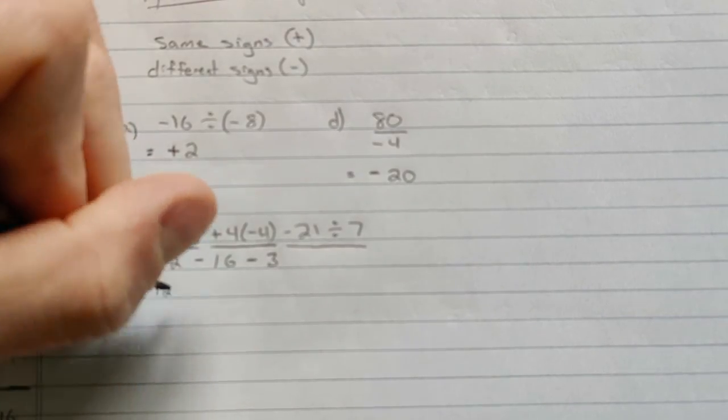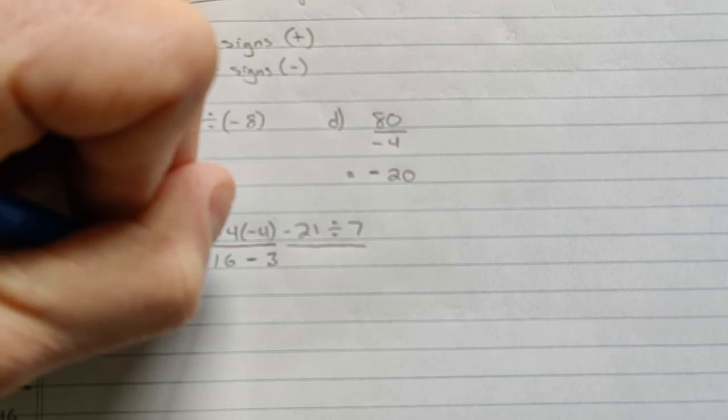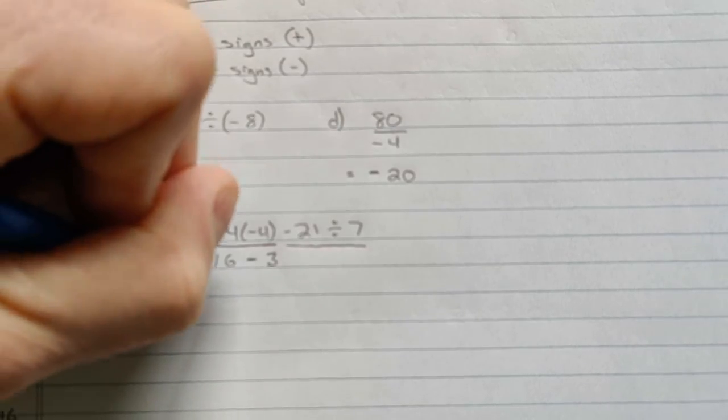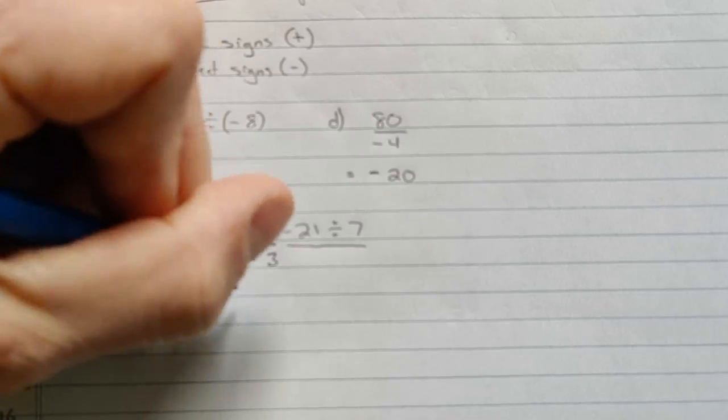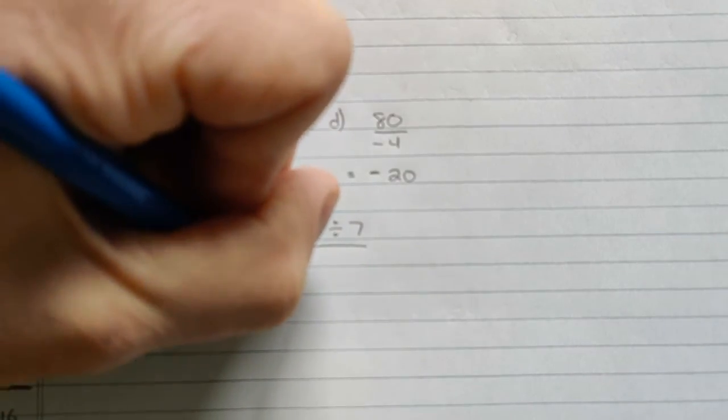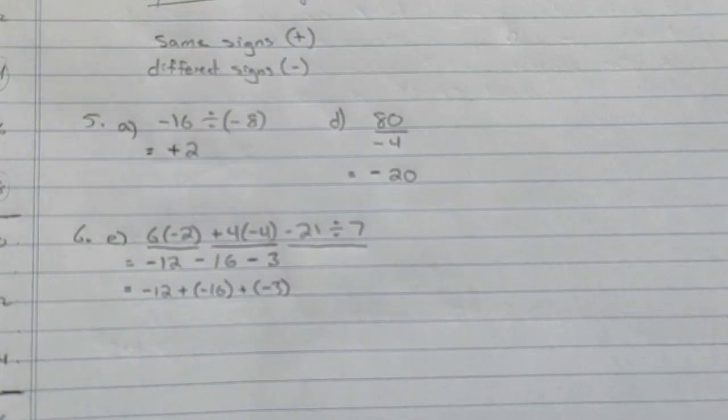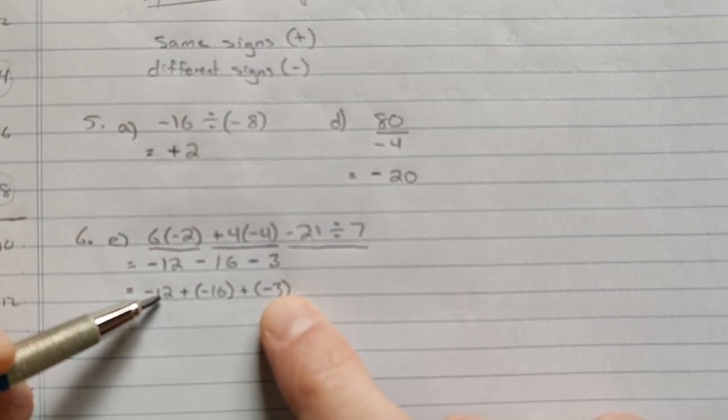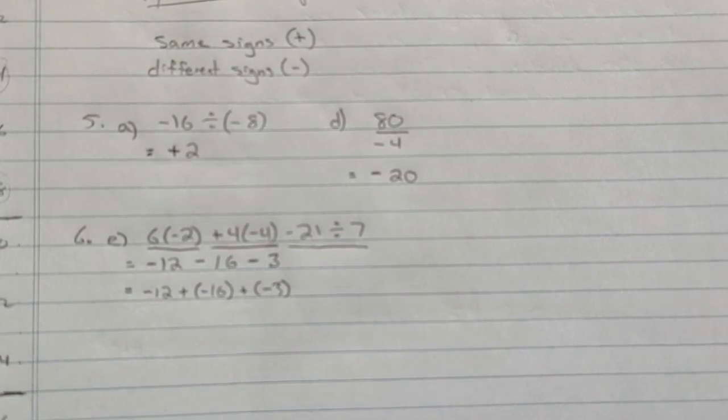So negative 12 and like adding negative 16, adding 3. Again, you don't have to add the opposite portion if you understand how to get the right answer here without it.